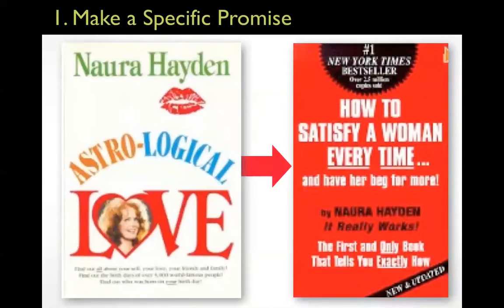So this book actually didn't do so well back in the day, but it was repackaged, right? And you can see the difference here. So we went from Astrological Love to How to Satisfy a Woman Every Time and Have Her Beg for More by Nara Hayden. And then it says it really works under her name, right?